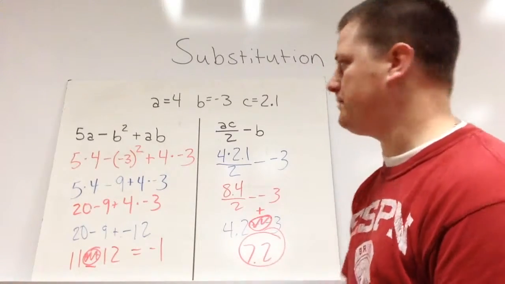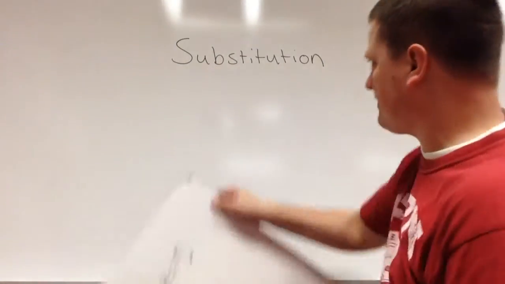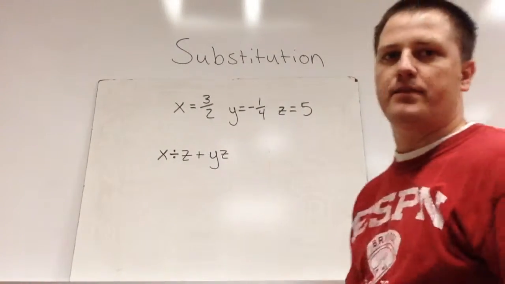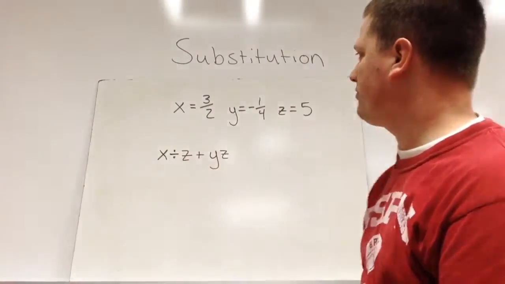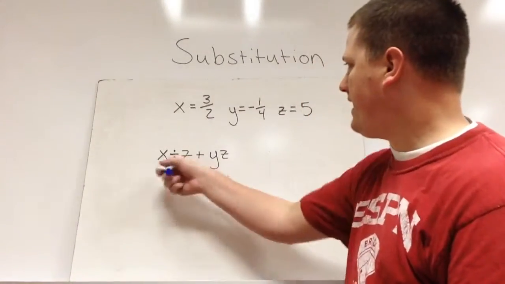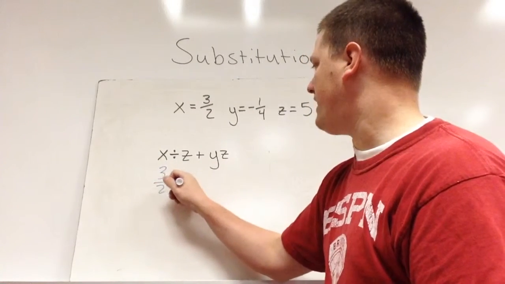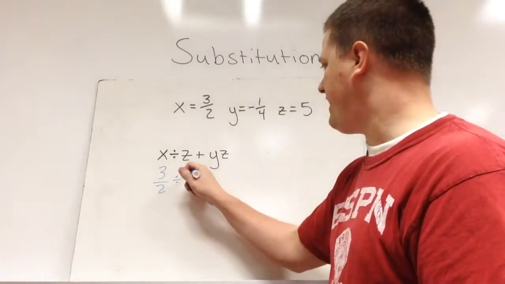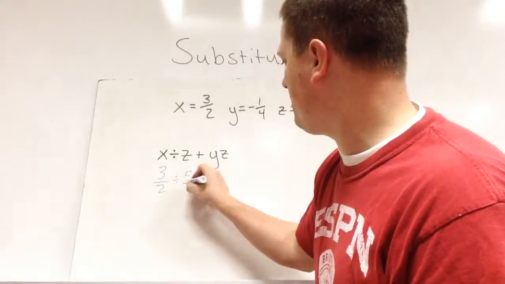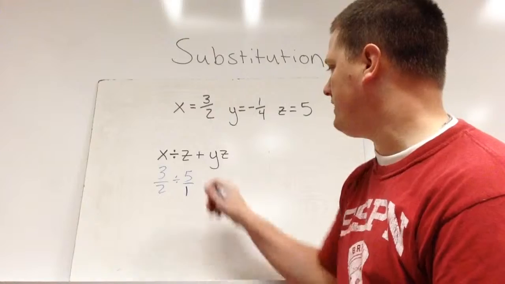Alright, now let's do a fraction problem. Alright, so here I have 3 numbers and a math problem. We're going to substitute them in. x is 3 over 2. Divide by z, which is 5. Because we're dividing with a fraction, what I would do is write it with a 1 underneath. Now that I've made it a fraction, it's going to be a lot easier to deal with.